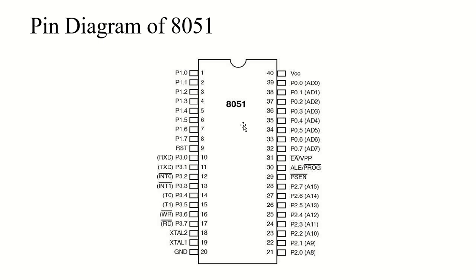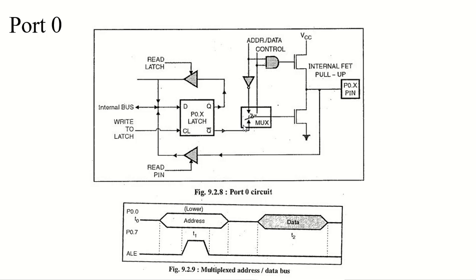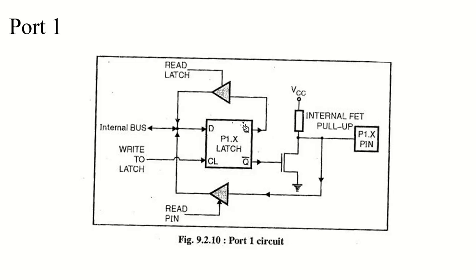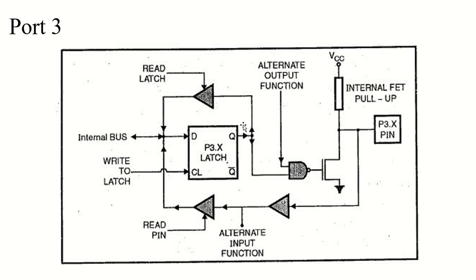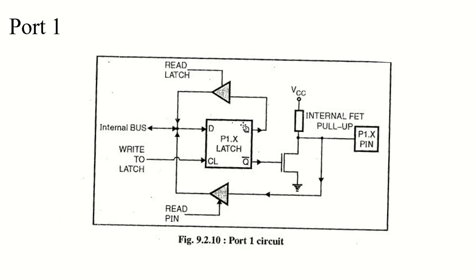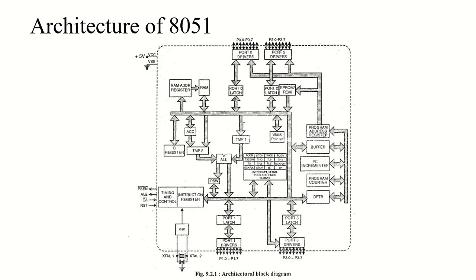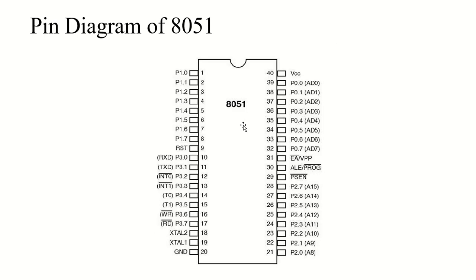In one of the previous videos, we discussed the ports and their circuits in 8051 microcontroller in detail. So let me quickly show you port 0, port 1, port 2 and port 3. We have four ports, each consisting of a total of 8 different pins, and we have discussed that in detail.